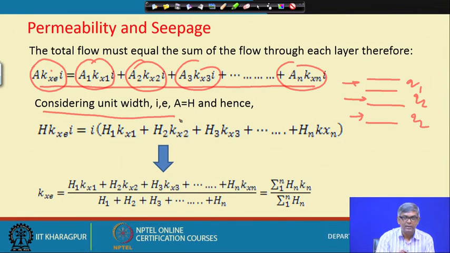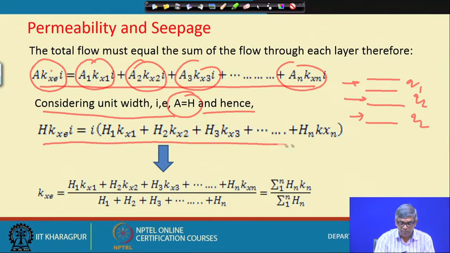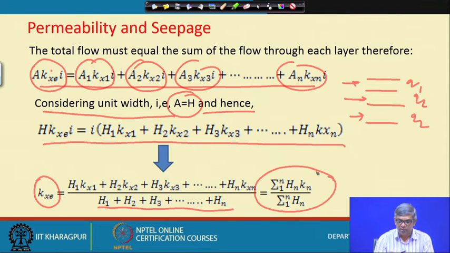Considering unit width, that means cross width is 1, then A becomes the thickness itself. Hence, I can express this equation in this form, and if I simplify, then Kxe becomes (H1 Kx1 plus H2 Kx2 plus H3 Kx3 plus Hn Kxn) divided by (H1 plus H2 plus H3 plus and so on). That is in a very brief, summarized way.